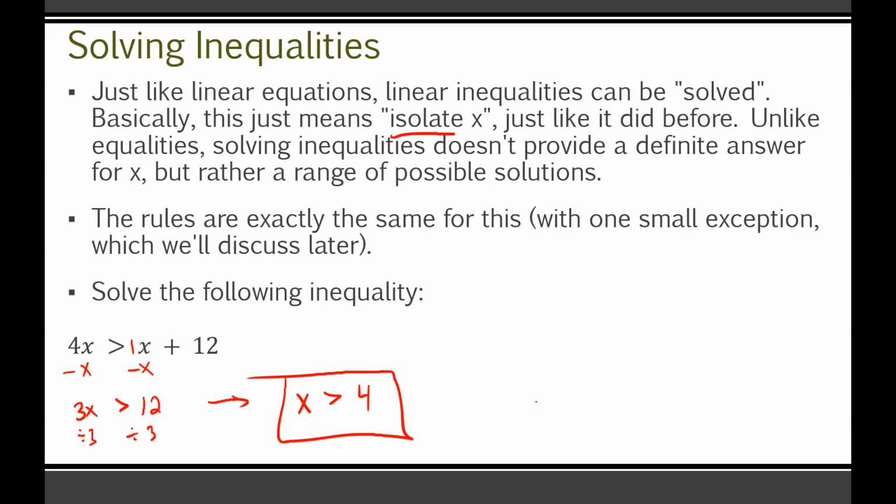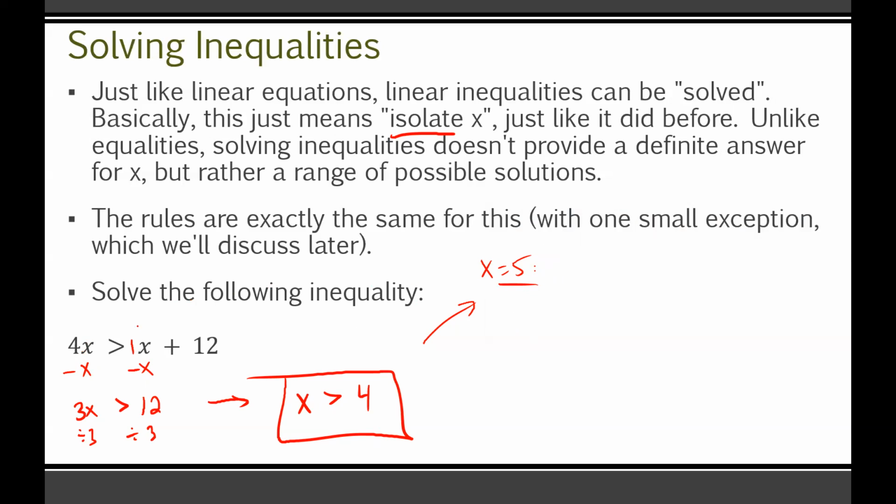You're good to go. But just to really illustrate what this means, let me show you by proving to you that this will work. I'm going to plug in, how about we say x equals 5. If I plug x equals 5 into this inequality, it should work because we found that our solution is just any x greater than 4. Since 5 is greater than 4, it should be something that works here. But let's test it, just to be sure.